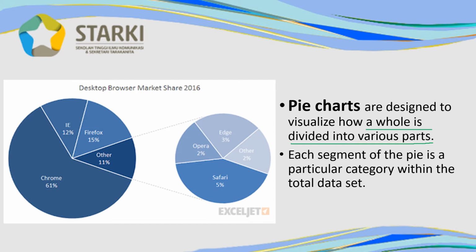Chrome is 61%, and then Internet Explorer, Firefox, and other. And other is specifically visualized by this part. So the pie chart visualizes how a whole is divided into parts. That's an example.